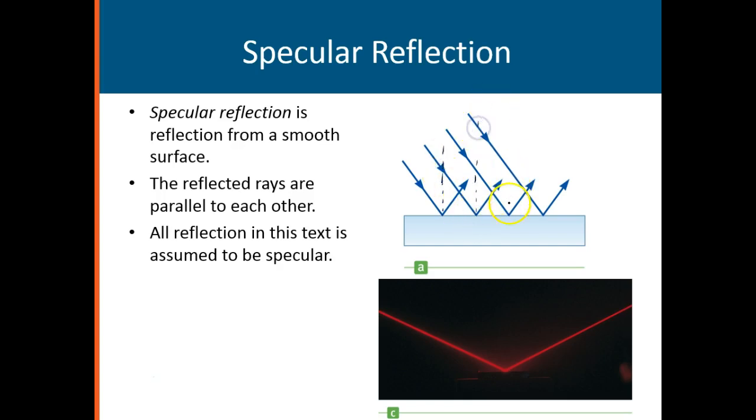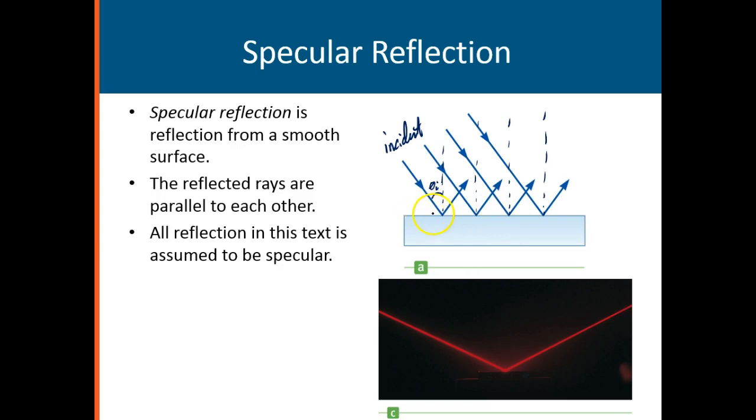At the point of impact, this is the normal, perpendicular to the surface. Now, at every point of impact, the angle on this side of the incoming ray, the incident ray, say it's coming in at theta sub I, the incident angle.